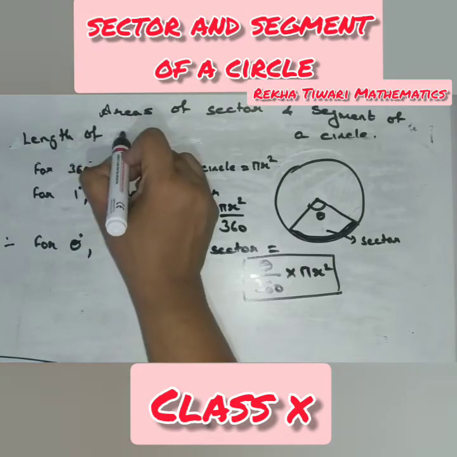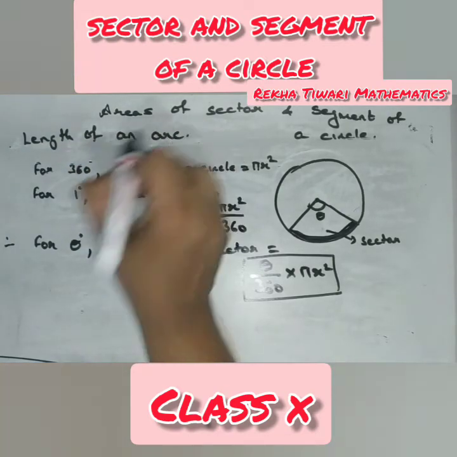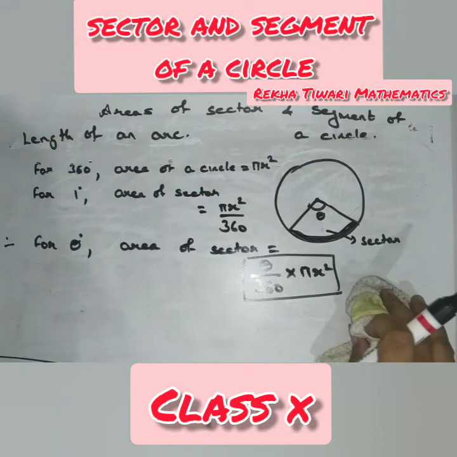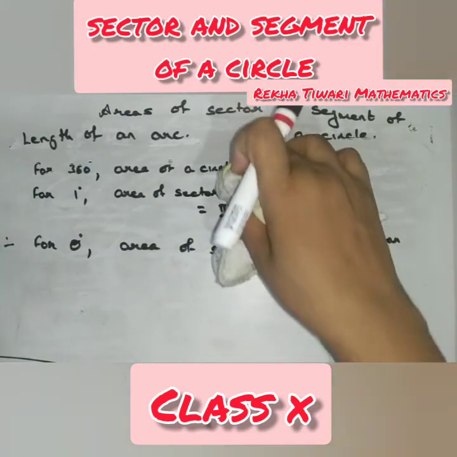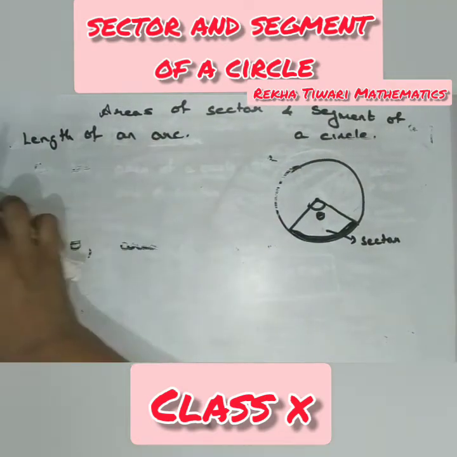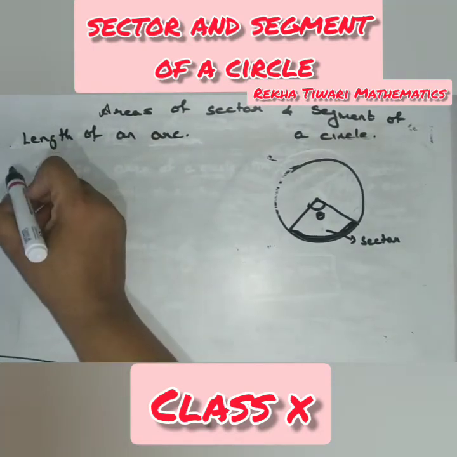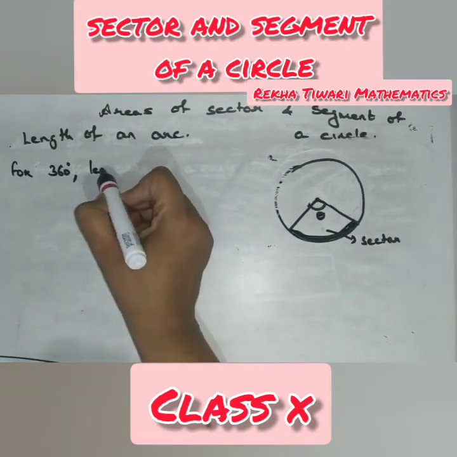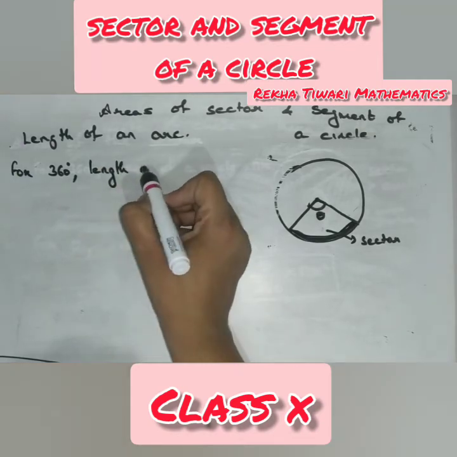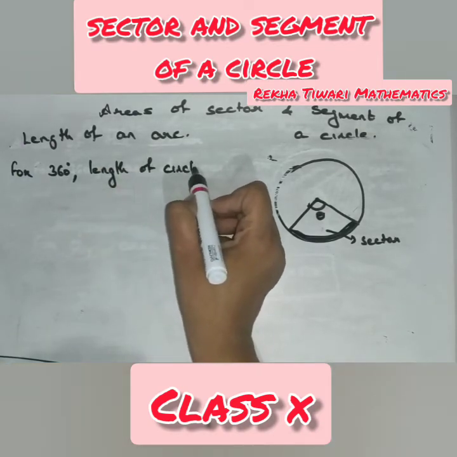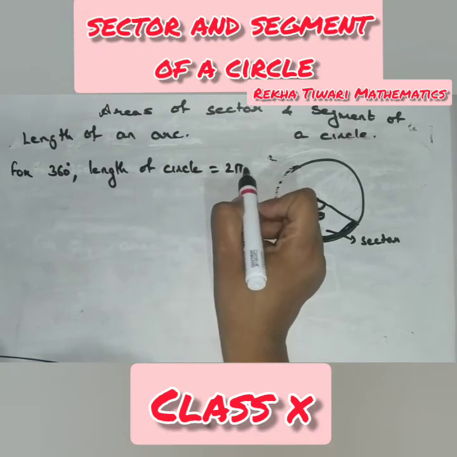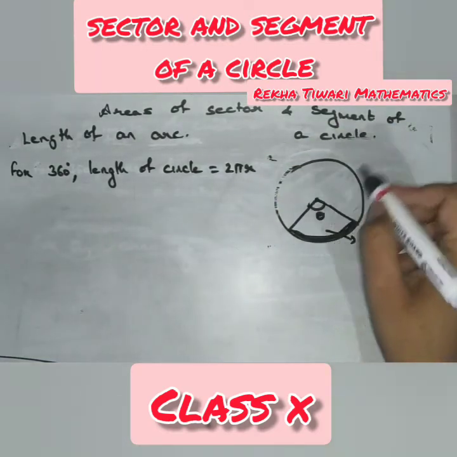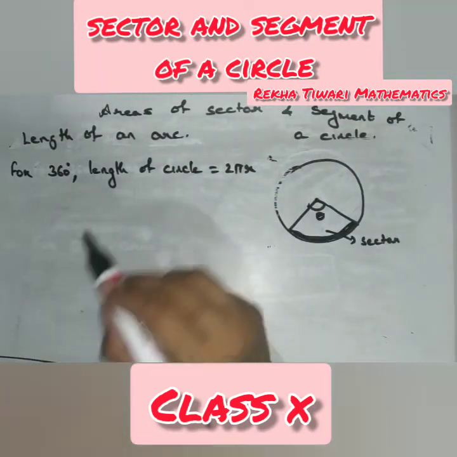length of an arc for 360 degree. For 360 degree, length of circle is equal to 2 pi r. 360 degree is for the complete whole circumference, which is 2 pi r.